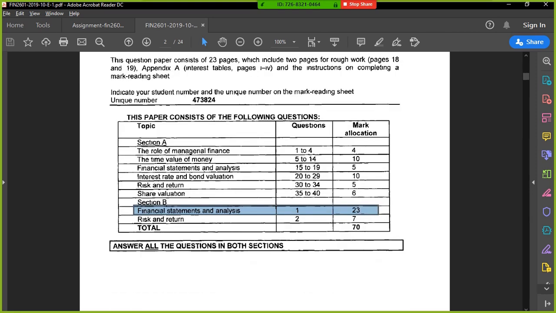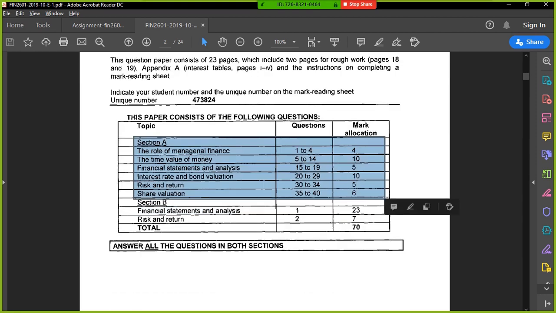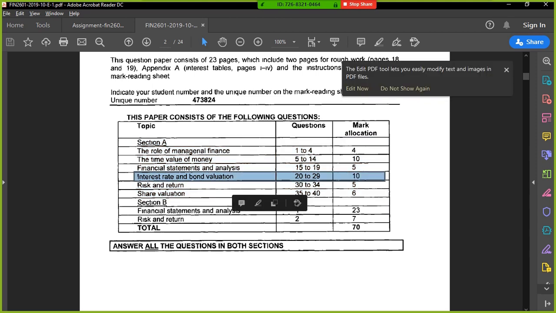If it's multiple choice for section A, you don't need to do it a long way if you can do it the short way, because it's multiple choice, as long as you get to the right answer. Yeah. Okay, so I'm trying to show you the best way to do it. So if you've got bond evaluation, this one, calculator work.